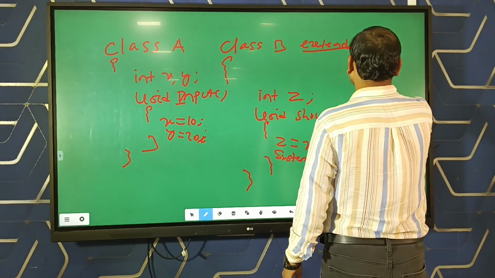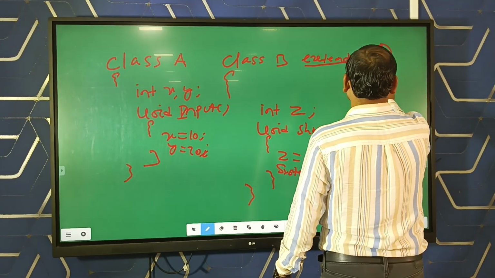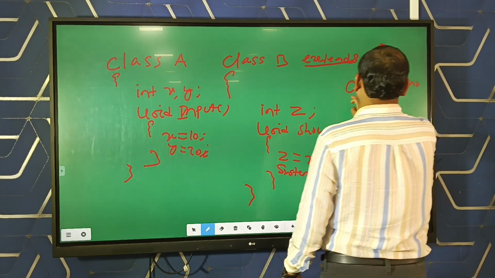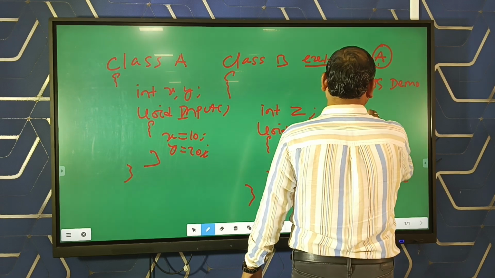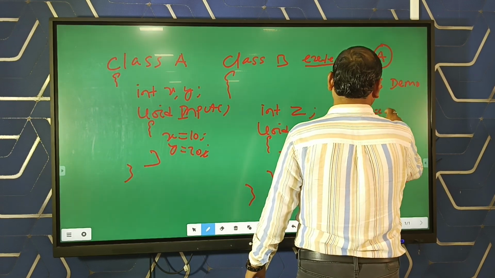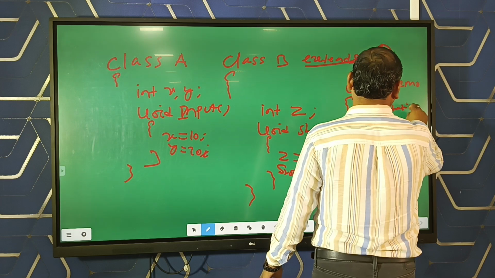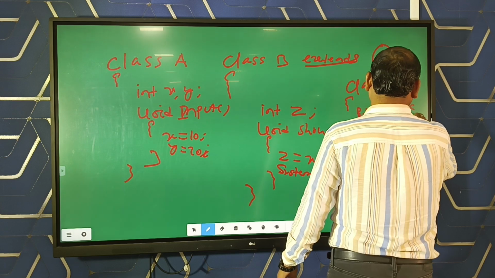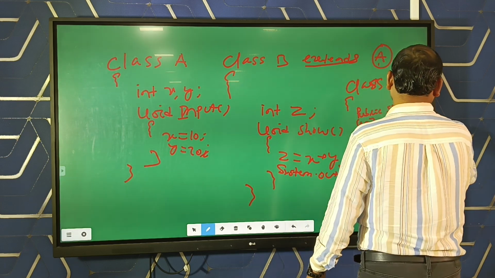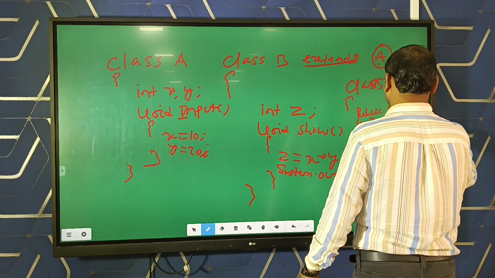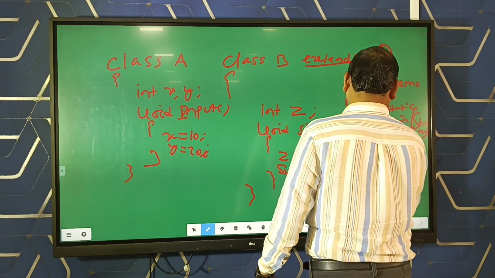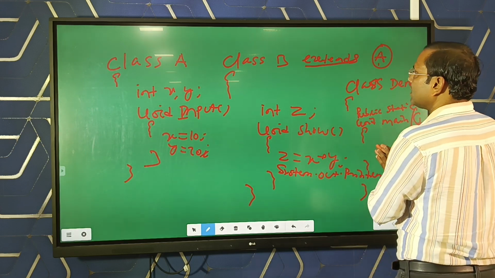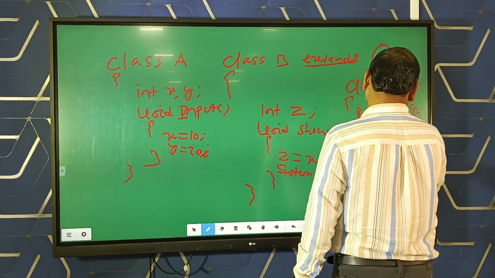So, how we have to write? Class demo, public static void main, String args. And what we have to do? First, we have to create an object. How can we create an object?